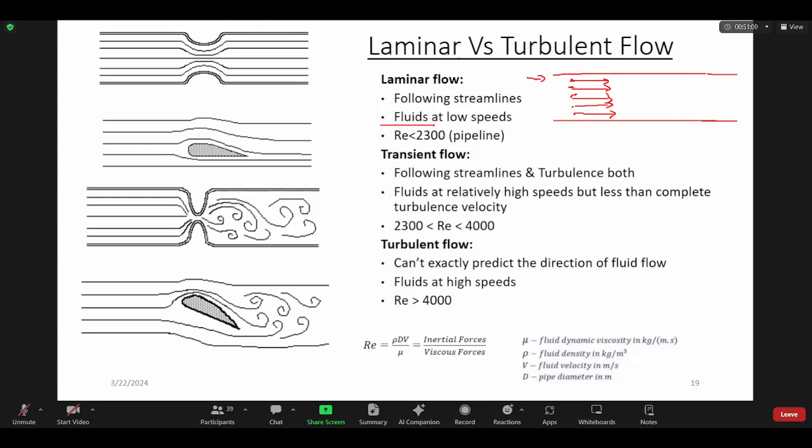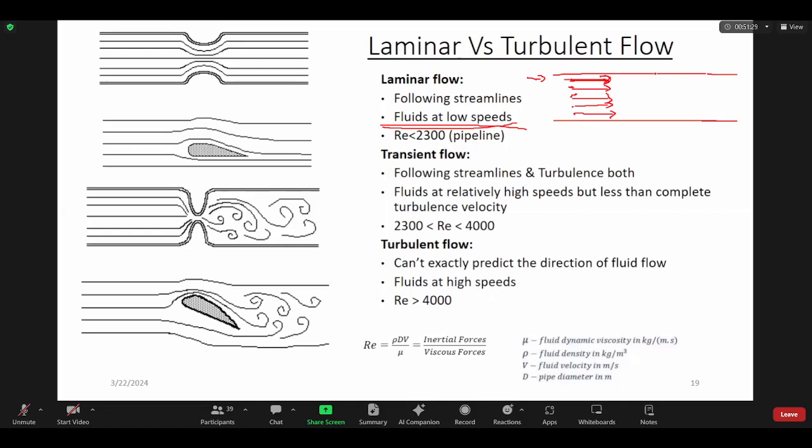Laminar flow occurs when fluid is at a low speed. Low speed means the fluid should have very low velocity. Then we can identify laminar flow.